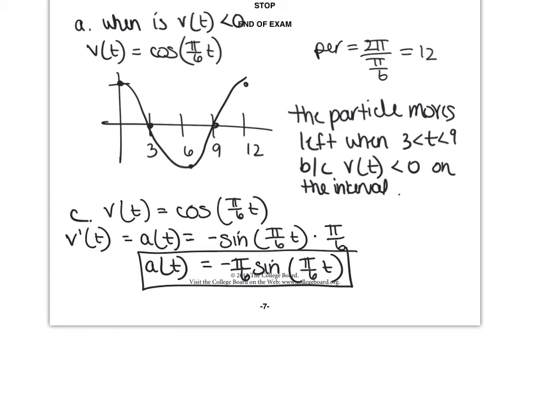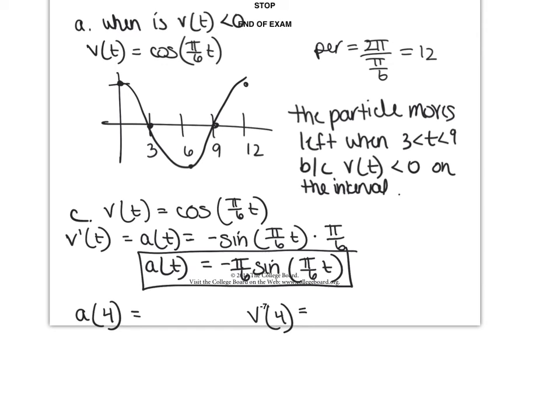Now it asks us to determine if the speed of the particle is increasing, decreasing, or neither at time equals 4. Explain your reasoning. So what we're going to do is look at our acceleration at time equals 4, as well as our velocity at time equals 4.